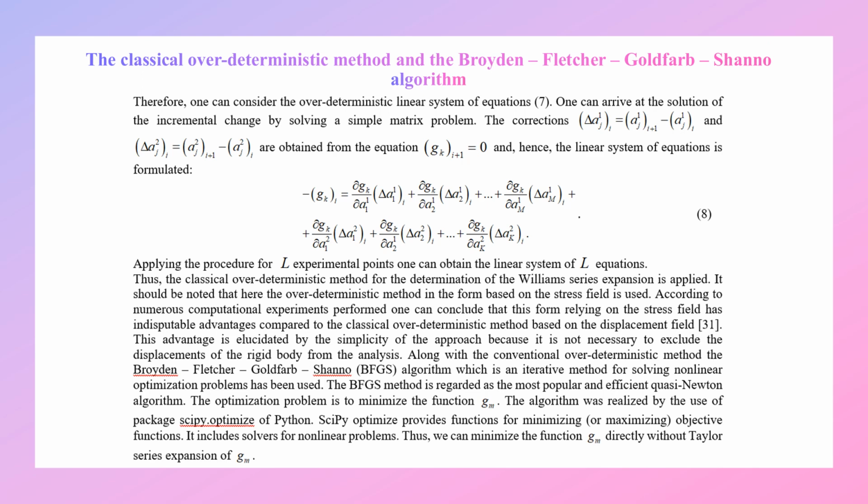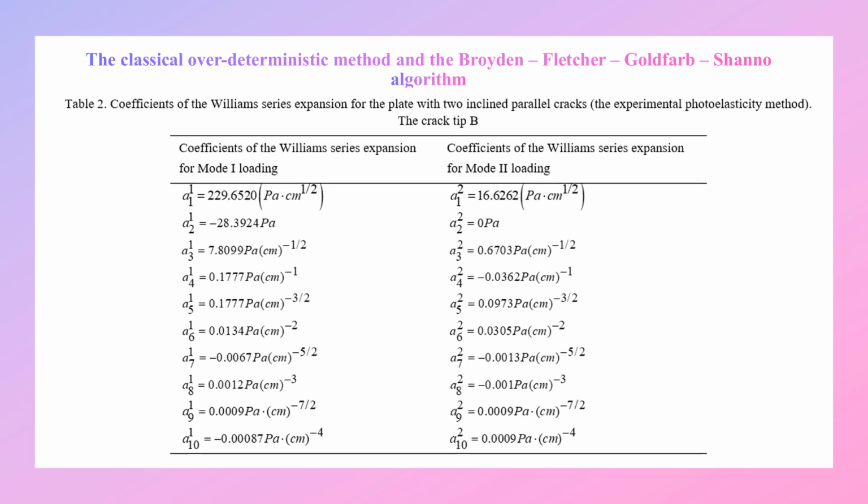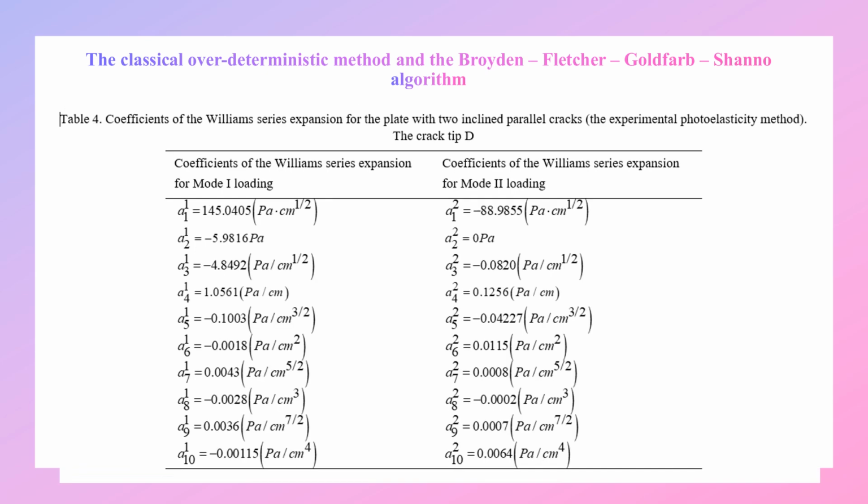This algorithm is an iterative method for solving nonlinear optimization problems, and the algorithm was realized by the use of the SciPy optimize package in Python. The results of our calculations are shown here for each crack tip in our plate.